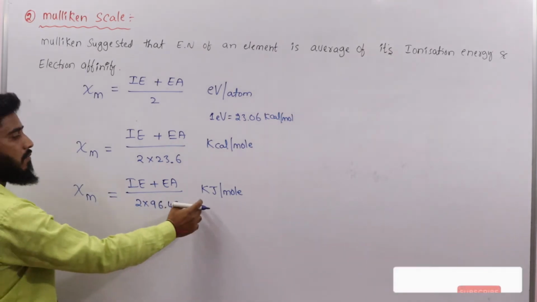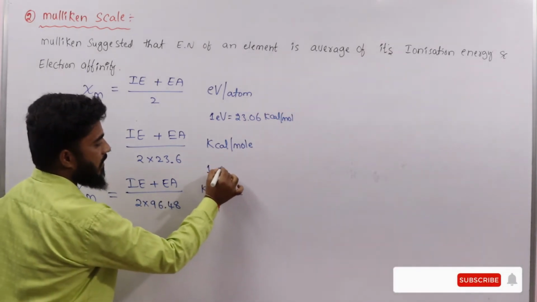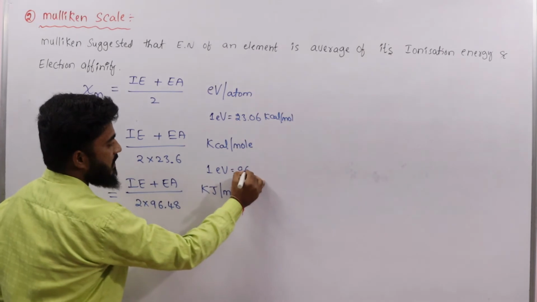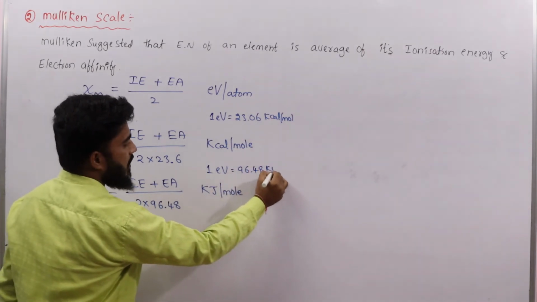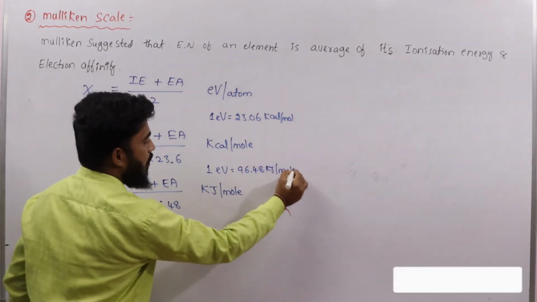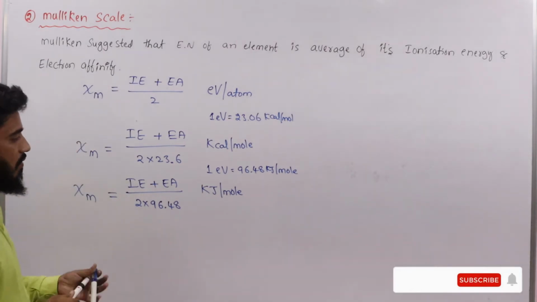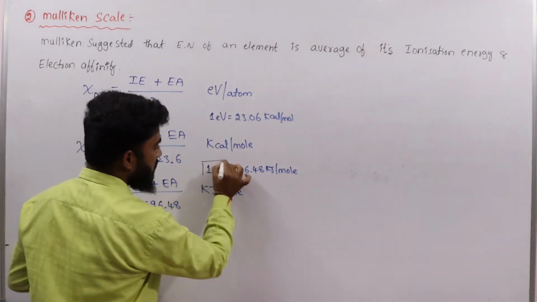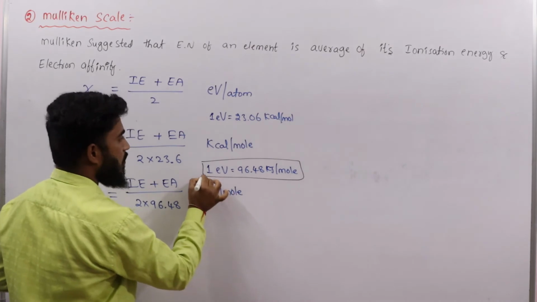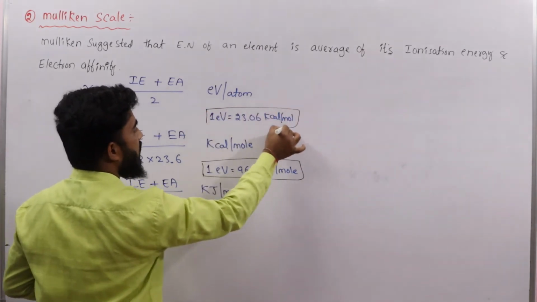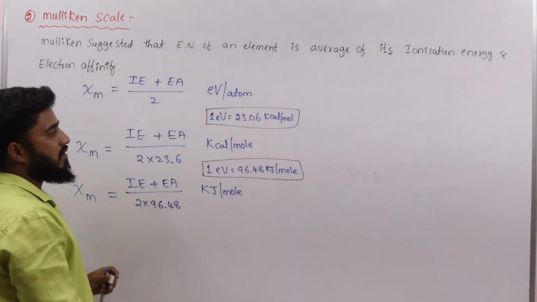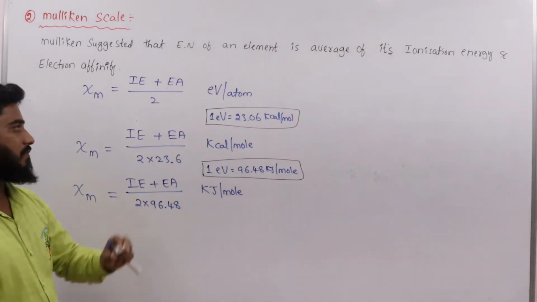Here it is kilojoules per mole, because 1 electron volt equals 96.48 kilojoules per mole, and 1 electron volt equals 23.06 kilocalories per mole.